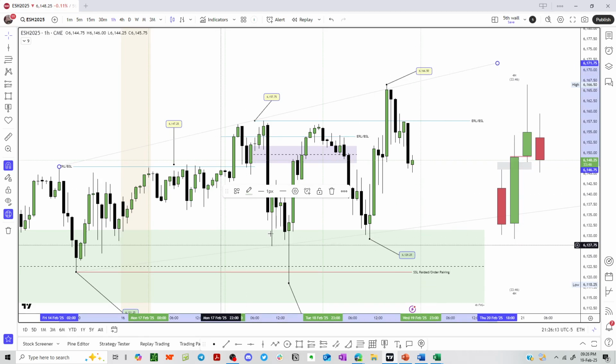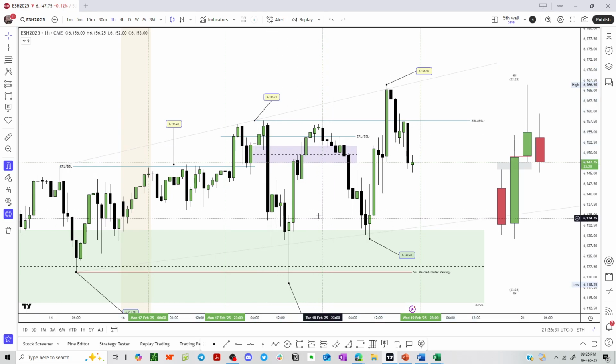All right, there you go. I only used this one at the time as the breaker, and this is the 1800. So I entered right here, at this swing high, and I had my stop here.